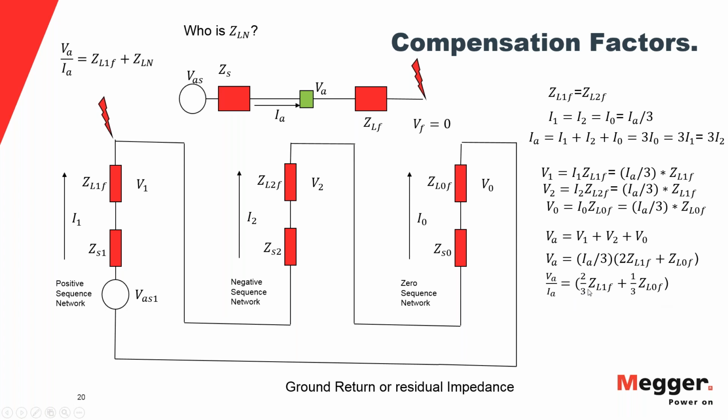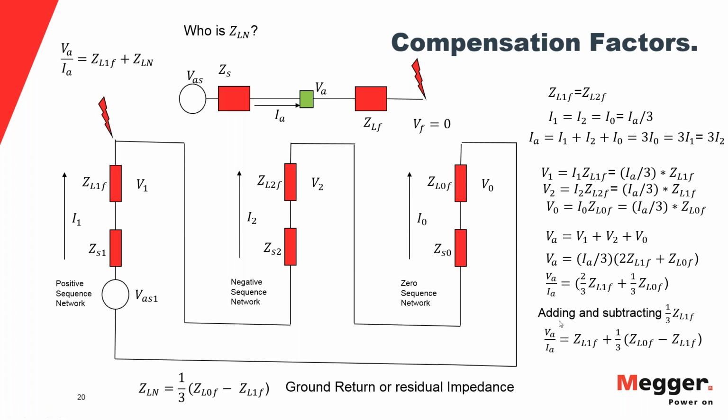So what I do is I simply add 1/3 and subtract 1/3 of this positive sequence impedance, and then I come up with VA divided by IA equals the positive sequence impedance to the fault plus one term here that has to be equal to the impedance on the neutral that I was looking for.